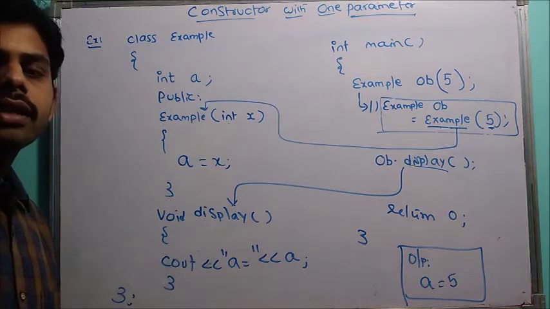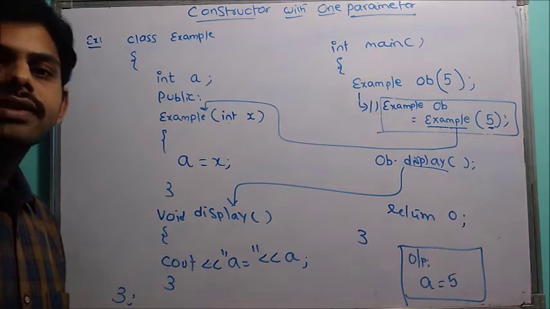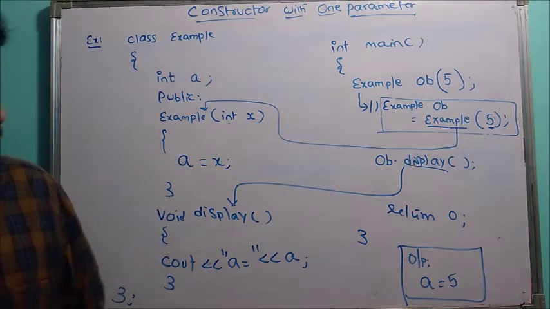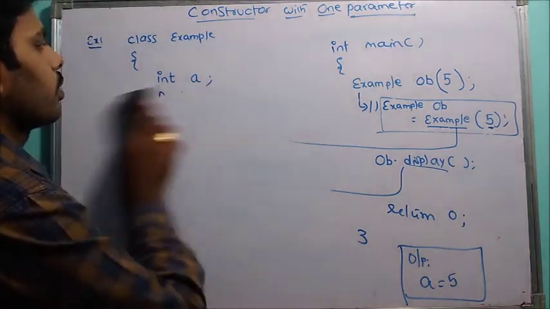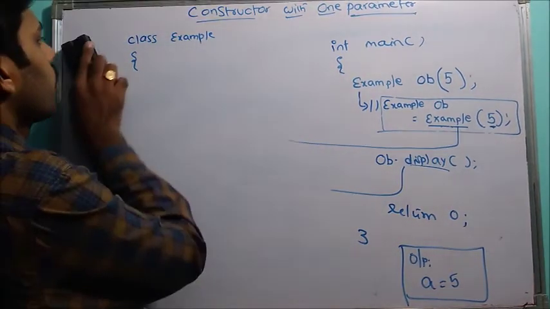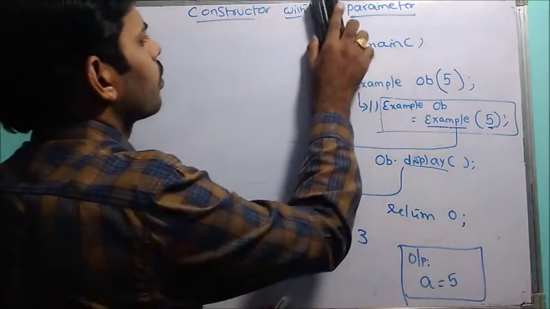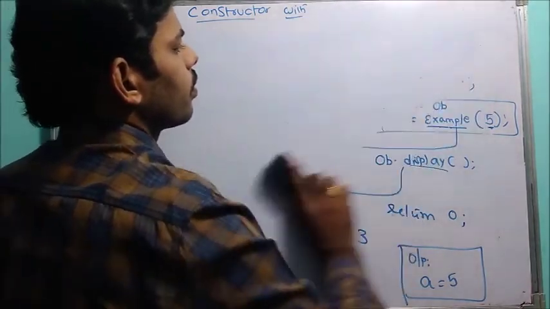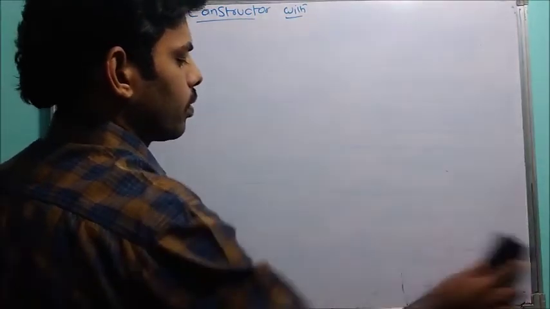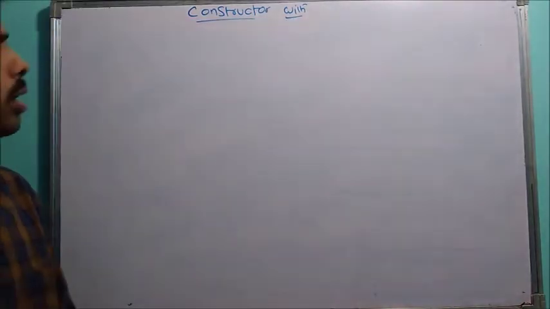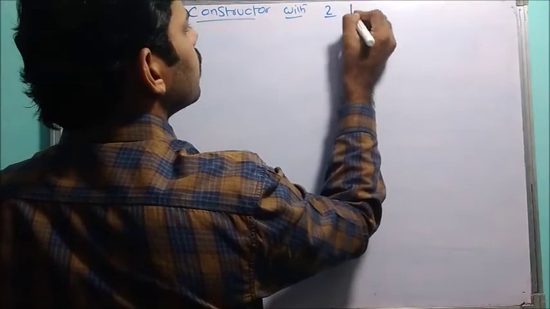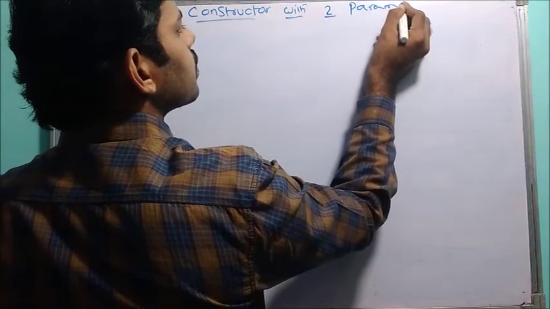Now I will explain a constructor with two parameters example. See, constructor with two parameters.